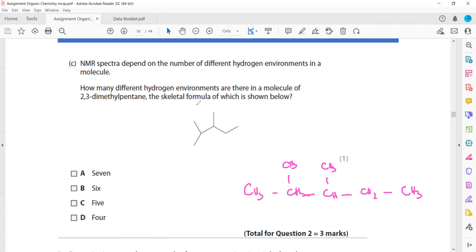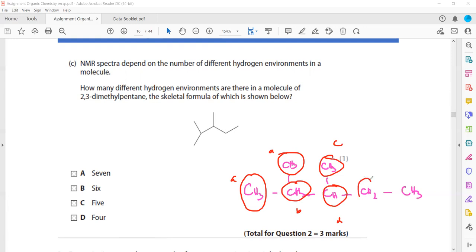So when we check, these two are one because they are attached with the same. So this is A. This is B because CH is there, nothing identical like this. This one is C, this one is D, this one is E, and this one is F. Why is even this CH3 different from this? Because next to this CH3 is CH, like other groups are there, other chain length is different.